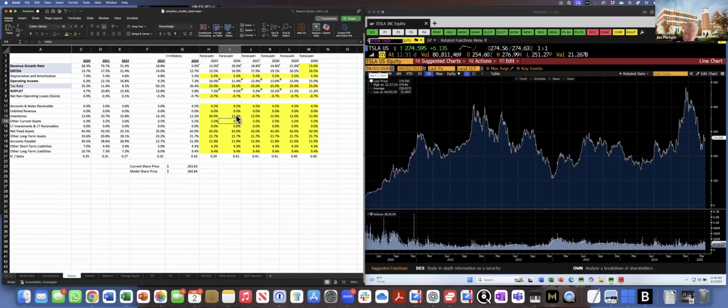What else might we change in the bear model?